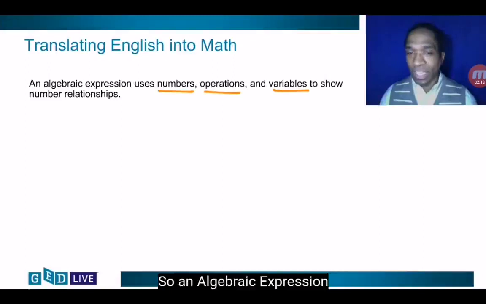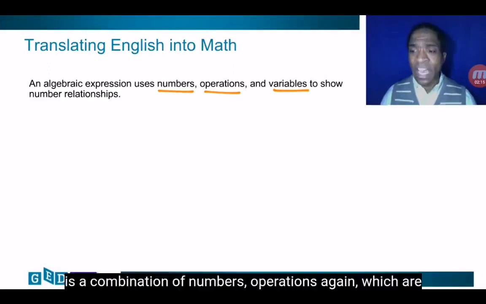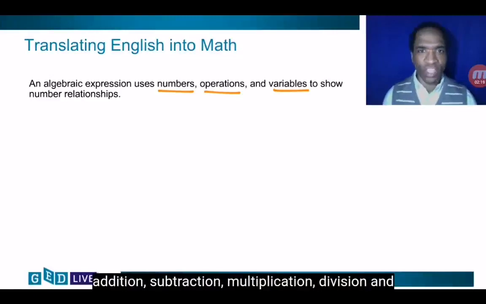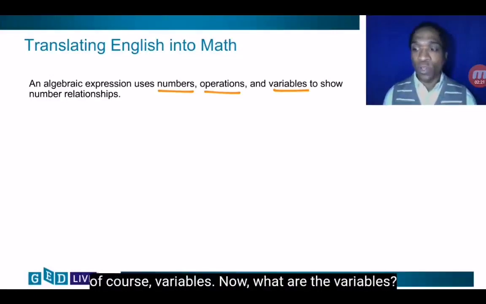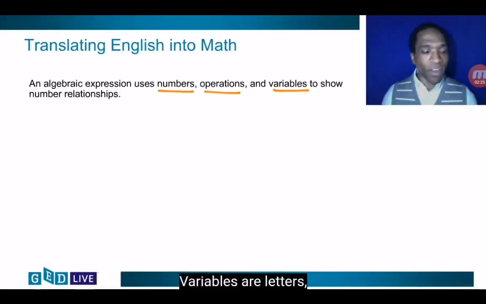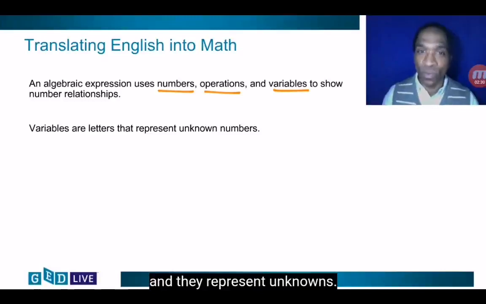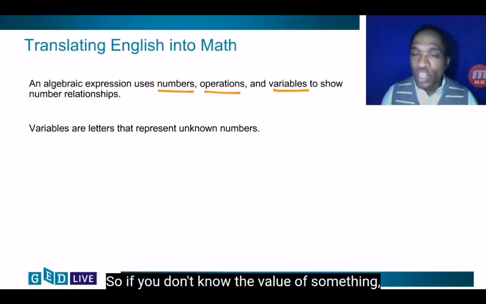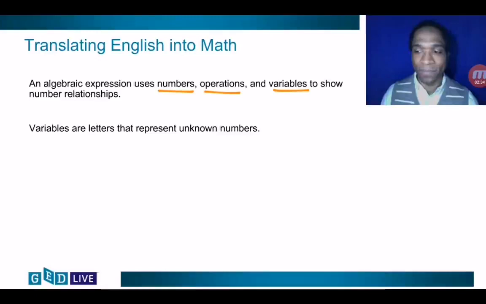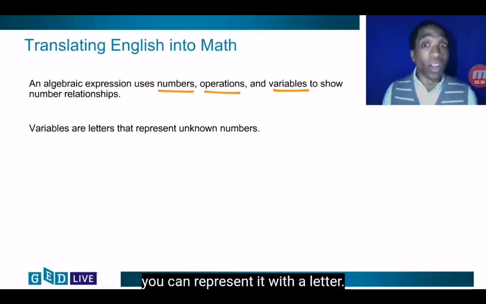So an algebraic expression is a combination of numbers, operations again, which are addition, subtraction, multiplication, and division, and of course variables. Now, what are the variables? Well, variables are letters, and they represent unknowns. So if you don't know the value of something, you can represent it with a letter.